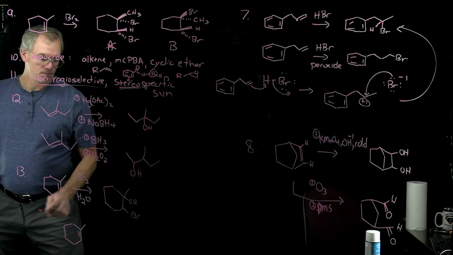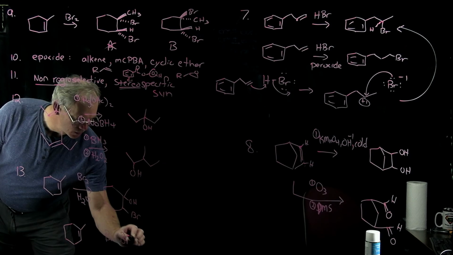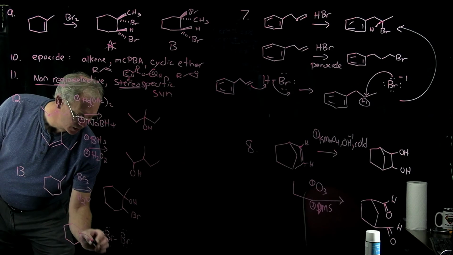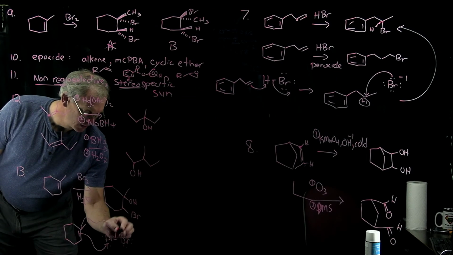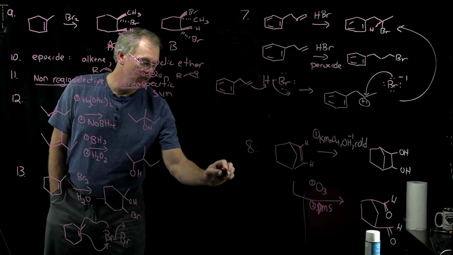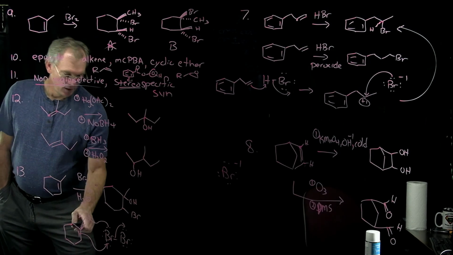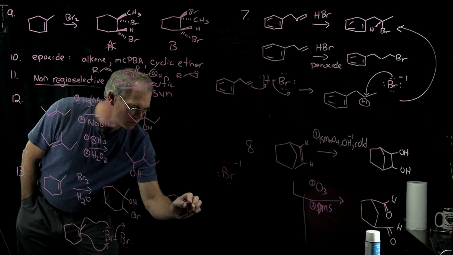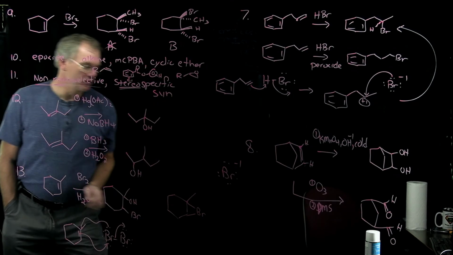And the first step, you're asked to complete a mechanism given some arrows, and the arrows look like that, and like that, and like that. So the first thing to recognize is this bromide is leaving as a negative. This bromide is going to end up attached to two carbons, and nothing happened with that methyl group.